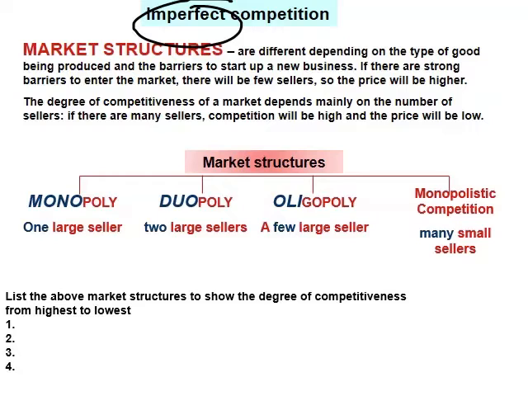So if we made a list from the highest to the lowest in terms of competitiveness, monopolistic competition would be the most competitive because it's got lots of sellers. Oligopoly, duopoly, and then of course monopoly's only got one big seller, so there is no direct competition. So it's much more likely the price will be higher as the number of sellers decrease in a market.